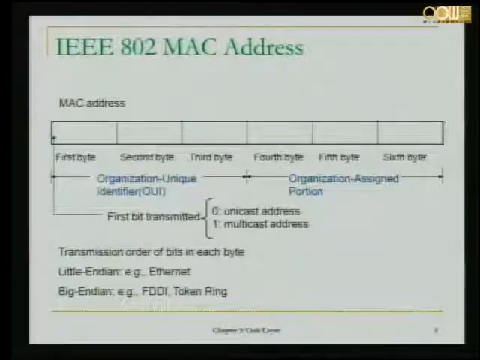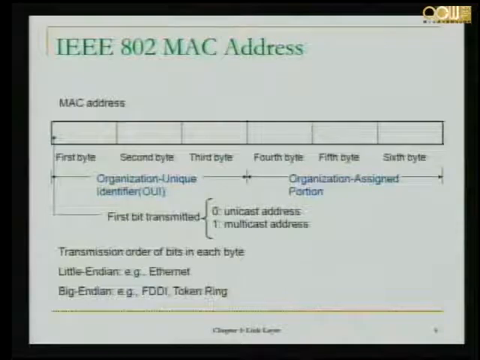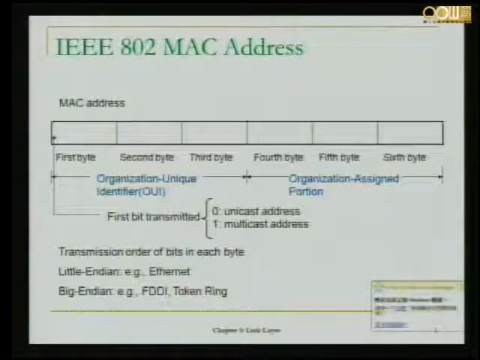Okay, next will be the addressing. In IEEE 802, they define a MAC address, or the hardware address, in 6 bytes. The first 3 bytes will be the organization unique identifier, which is issued to the manufacturers.